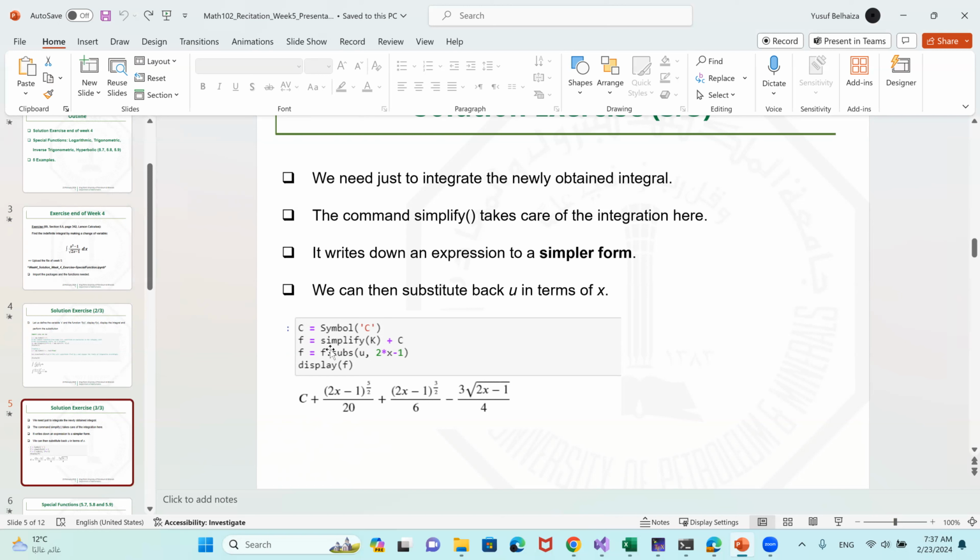We perform the integration using simplify, so we simplify k plus C. We substitute back in the result which we get in f. We substitute u by 2x minus 1, and here we'll display f. So this is the result of our substitution and substitution back, and the result of the integration.